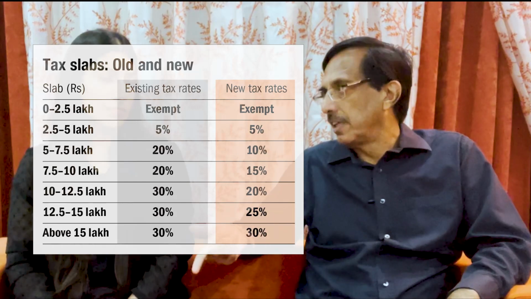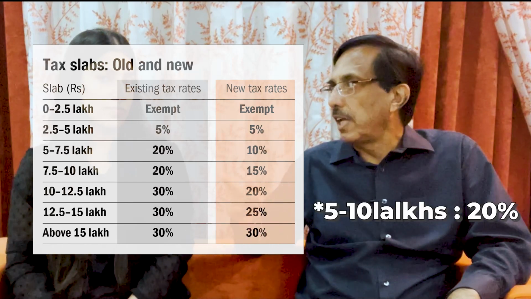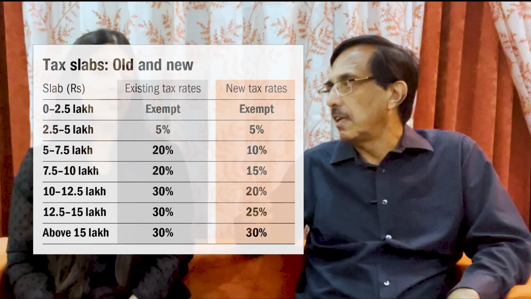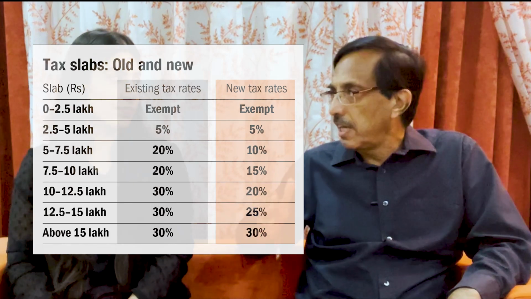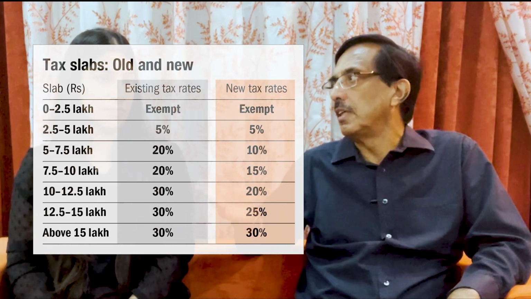If it is between 2.5 to 5 lakhs, you have to pay 5% of the amount above 2.5 lakhs, and that turns to only 12,500. So above 5 lakhs to 10 lakhs, you have to pay 10%. That is another 50,000. Above 10 lakhs, whatever is your income, you have to pay 30%.